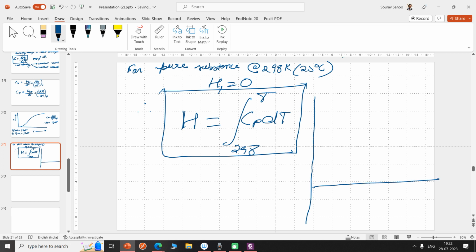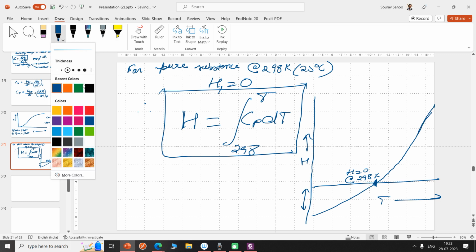it should be something like this. And this offset tells us that this H is equal to 0 at 298 Kelvin. This is negative. And since it's quite curved, you can equate it to a straight line, at least in the smaller portion on the positive side.